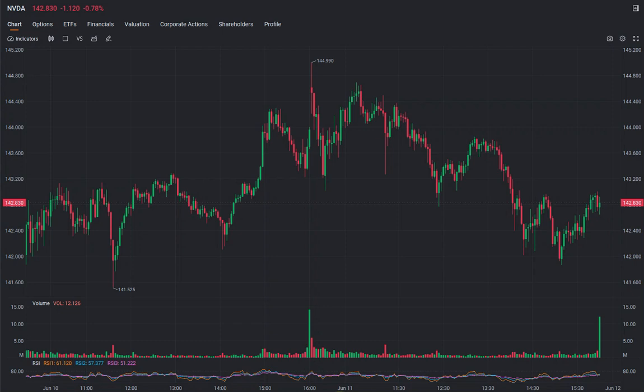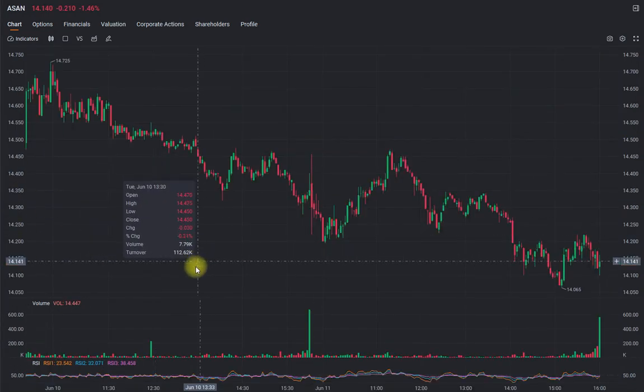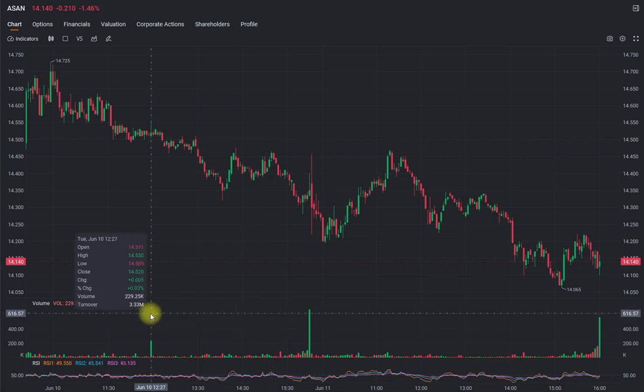I'm not going to elaborate on Nvidia. I have so many stocks here that I don't necessarily want to go to the most famous one. Let's go to a random one, ASNA. It has a clear downtrend, so you may think I have a bias.